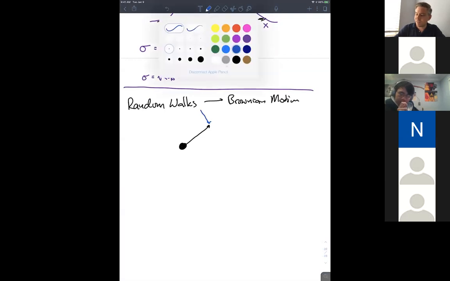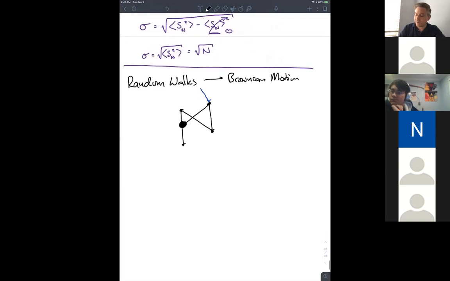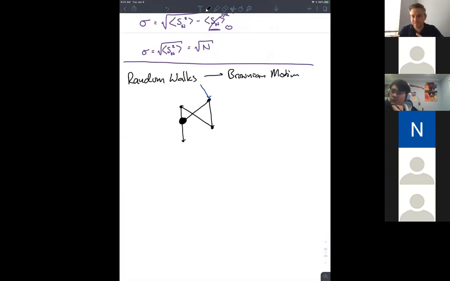That collision makes it change direction, and the direction it winds up going after the collision is completely random. So you get a collision and it changes direction. Then you get another collision and it changes direction, and another, so on and so forth. Now we're going to say that on average, the time between collisions is what we're going to call delta t. So delta t is the average time between collisions.